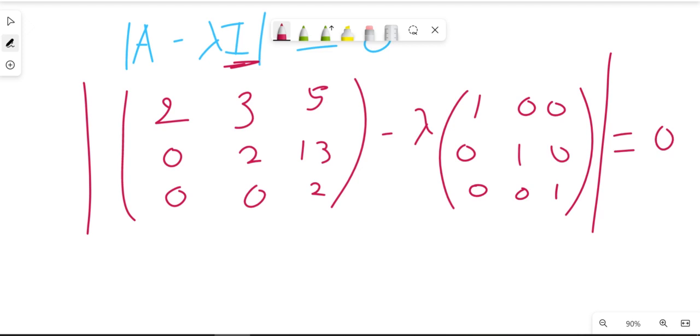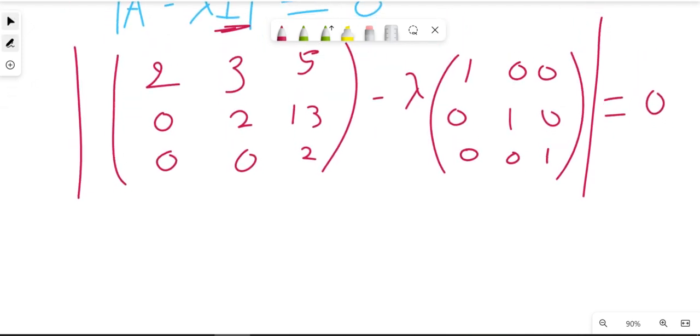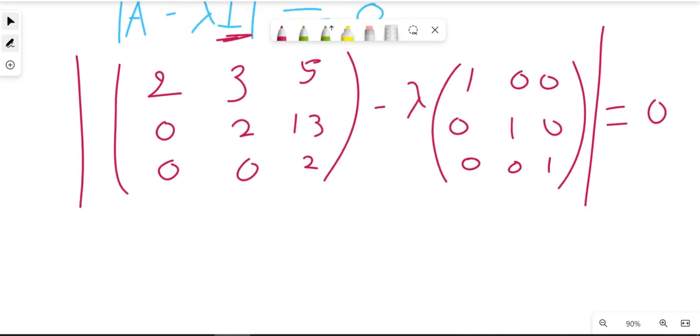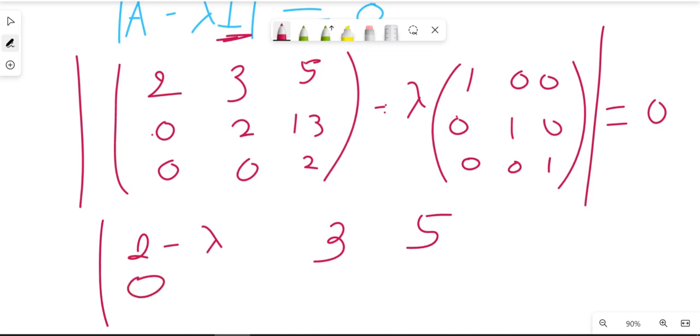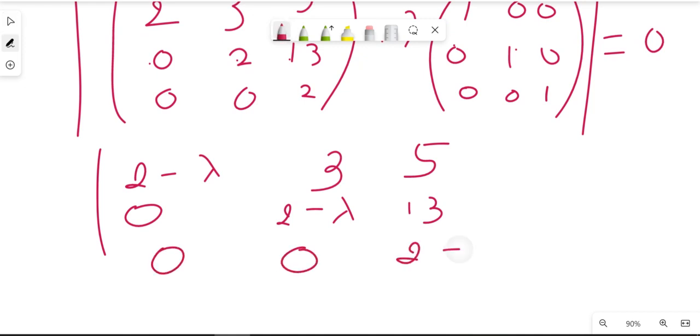And we have to find the determinant of this. So this will be 2 minus lambda, 3 minus 0, so 3, 5 minus 0, 5, 0 minus 0, 0, 2 minus lambda, 13 minus 0, so 13, then 0 minus 0, 0, 0 minus 0, 0, and 2 minus lambda is equal to 0.